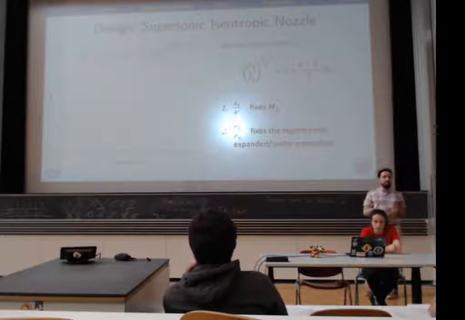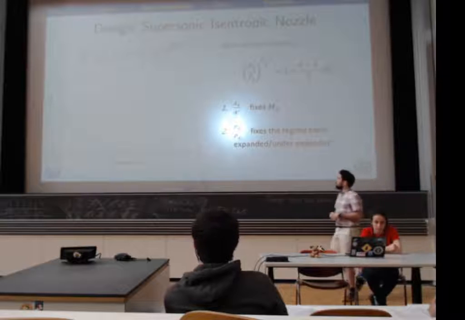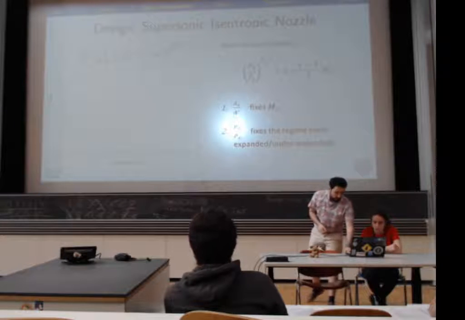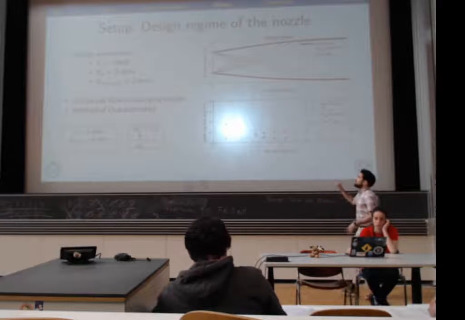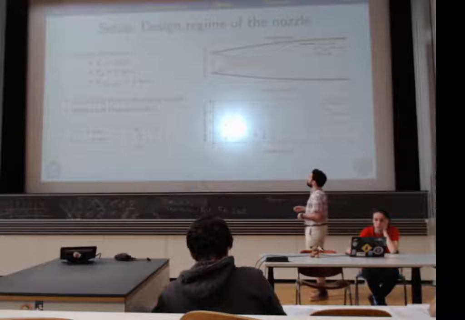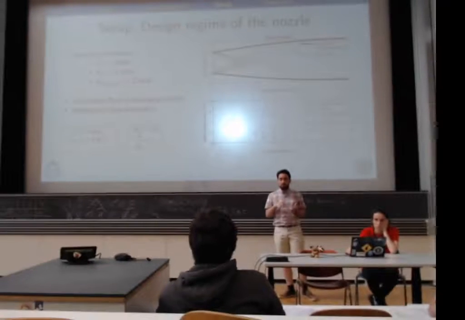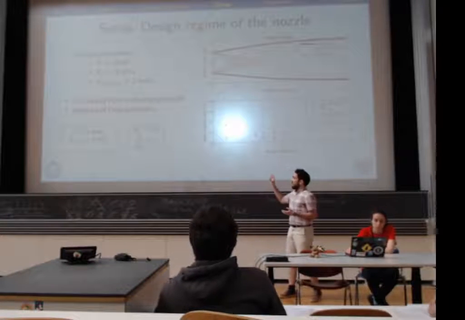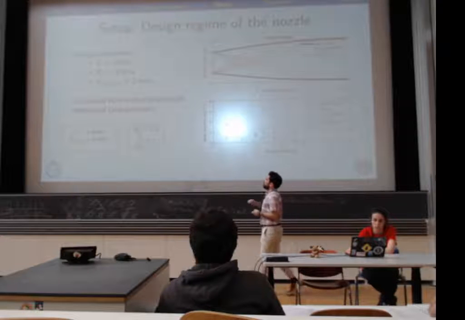Then we have the pressure ratio, which gives us the regime of the nozzle, either overexpanded or underexpanded. Then we did a CFD, computational fluid dynamics simulation, to find the optimal design, like the length and the diameter of the nozzle, for a given regime.